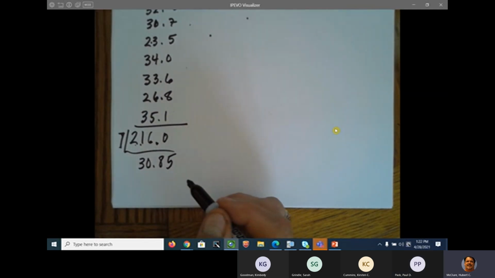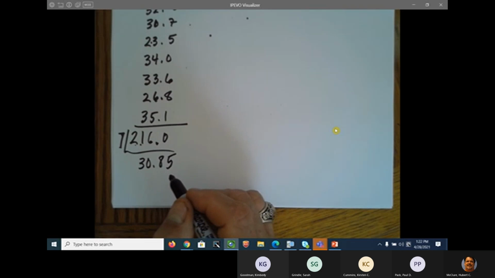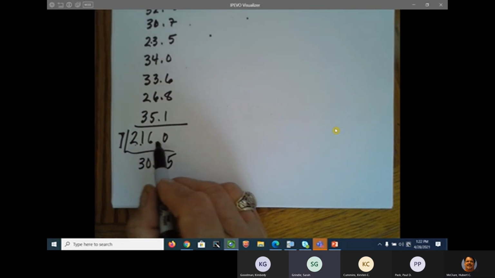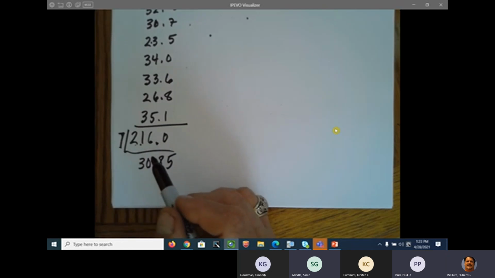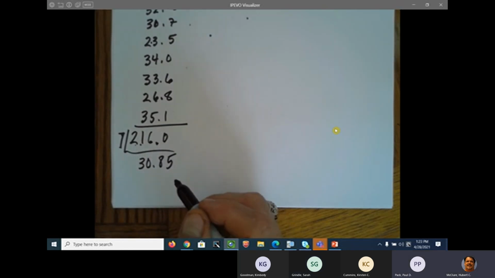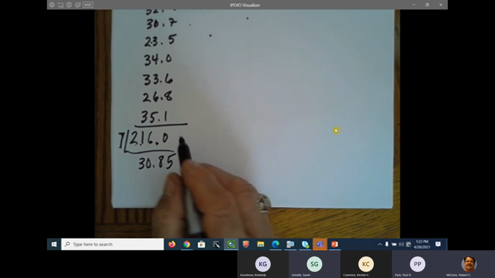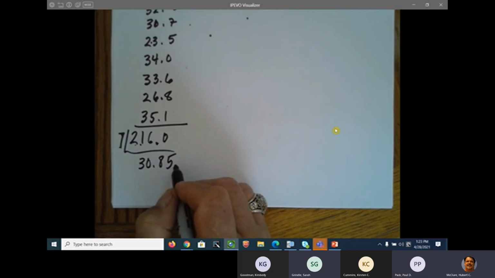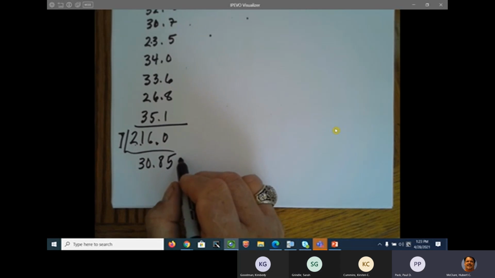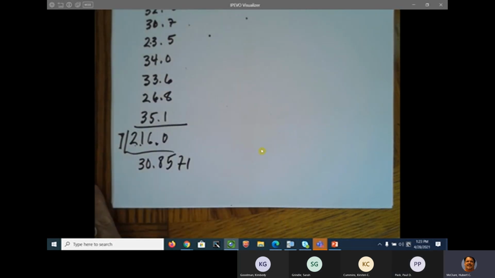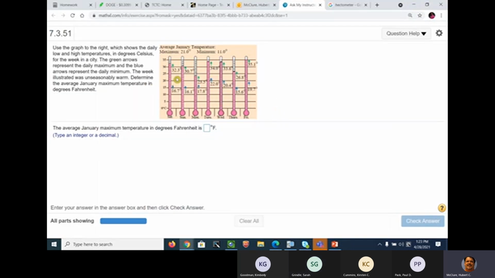What does it come out to be? We have to divide that number by 7. What is 216 divided by 7? It's like 30.85, random crazy numbers forever. Okay, give me 2 more numbers. 7-1. Okay, so now this is the average temperature in what?